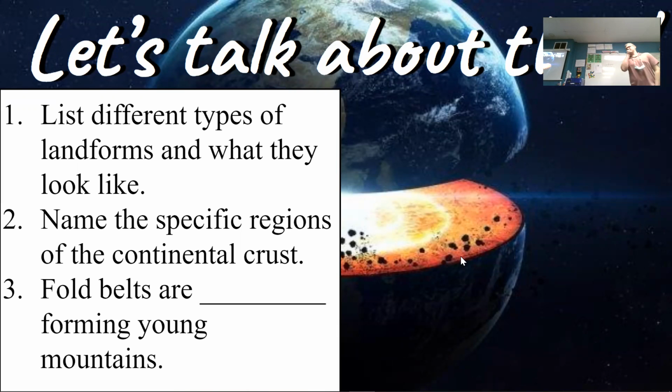Landforms. Who can name a type of landform? Elijah? Mountains. That's the first one I thought of as well. Mountains are one type of landform. What's another type? Max? Valleys.